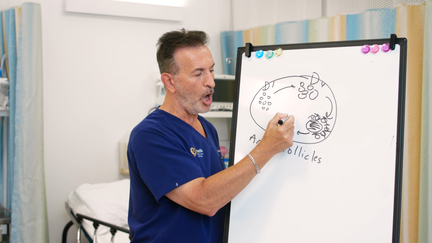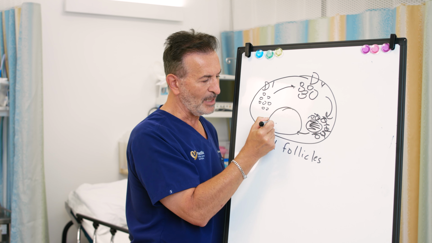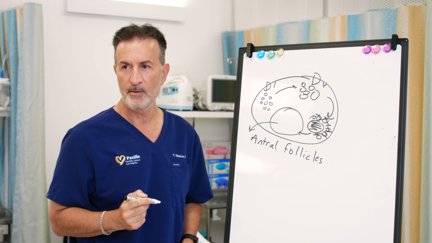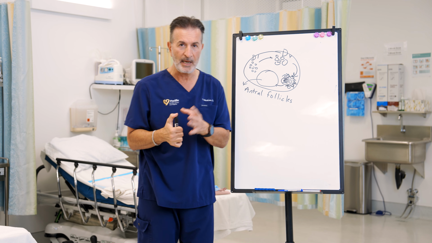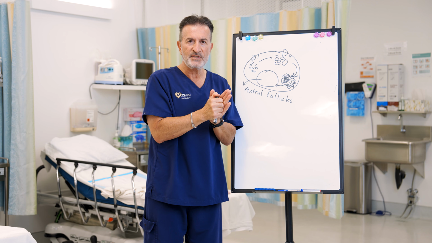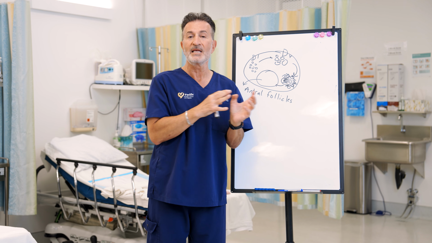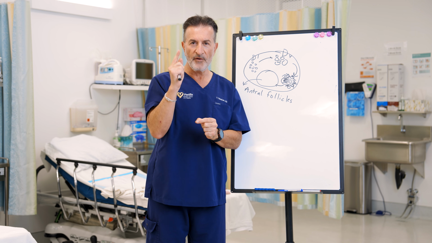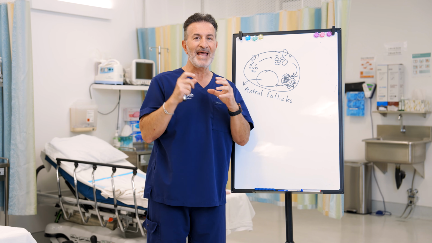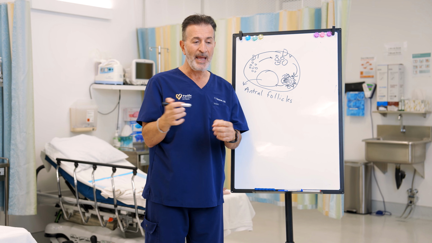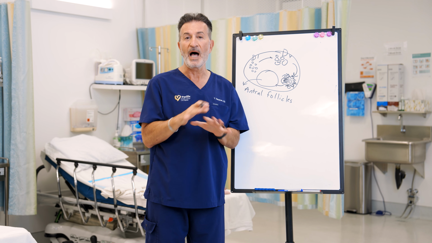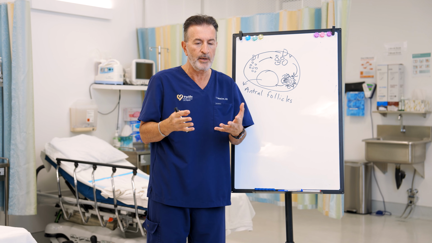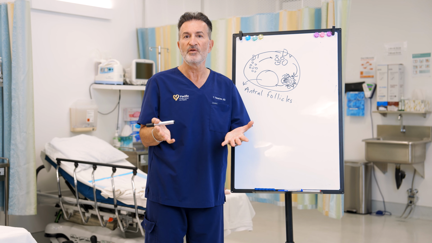And it's this dominant follicle that will release the egg every month. So at the beginning of the cycle, dozens and dozens of eggs start growing. One of them becomes dominant, and that's the egg that's released. Every other egg dies. So it's a process where eggs are wasted every month.